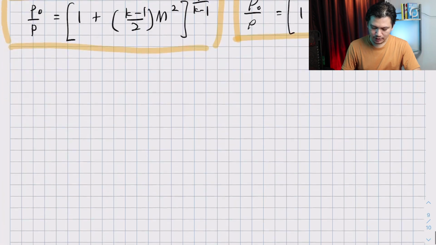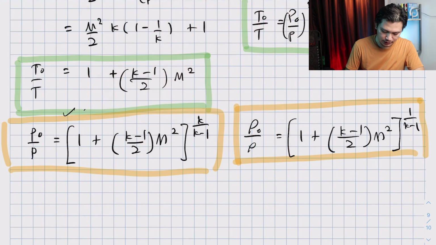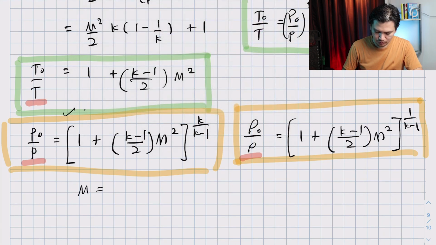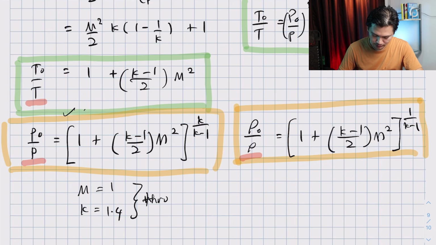Now, coming back to our equation just now, what happens to this relationship? T naught over T, P naught over P, and rho naught over rho, if Mach number equal to 1, and let's assume that the medium is air, right? So K is usually 1.4. It's a safe assumption, right? And this means that this condition is happening at the throat.